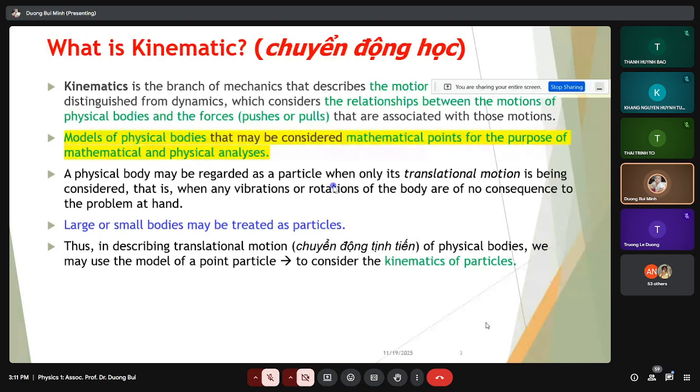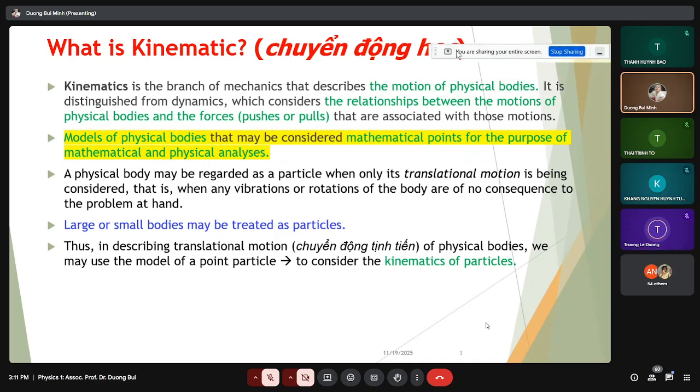Of course, you know what kinematics is from high school. So here we have the definition. Kinematics is the branch of mechanics that describes the motion of physical bodies. It is distinguished from dynamics, which considers the relationship between the motion of the physical body and the force.